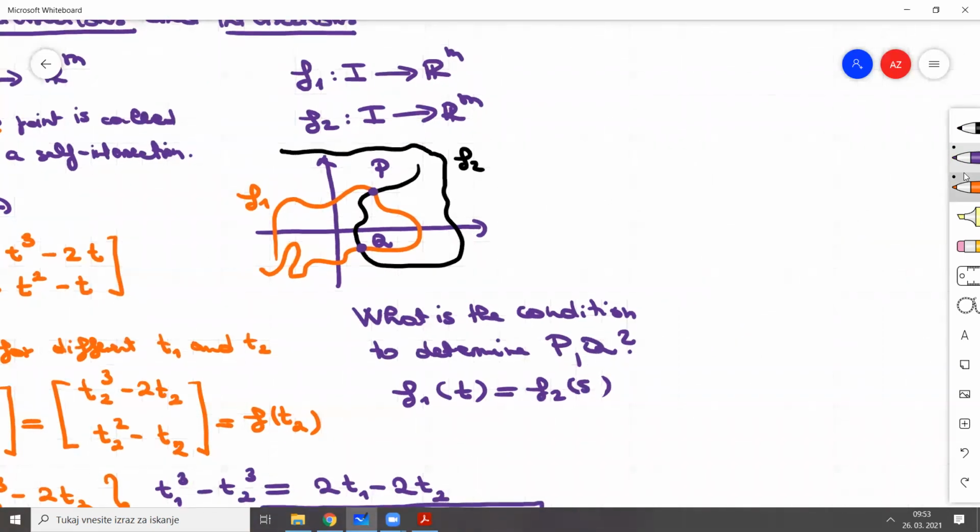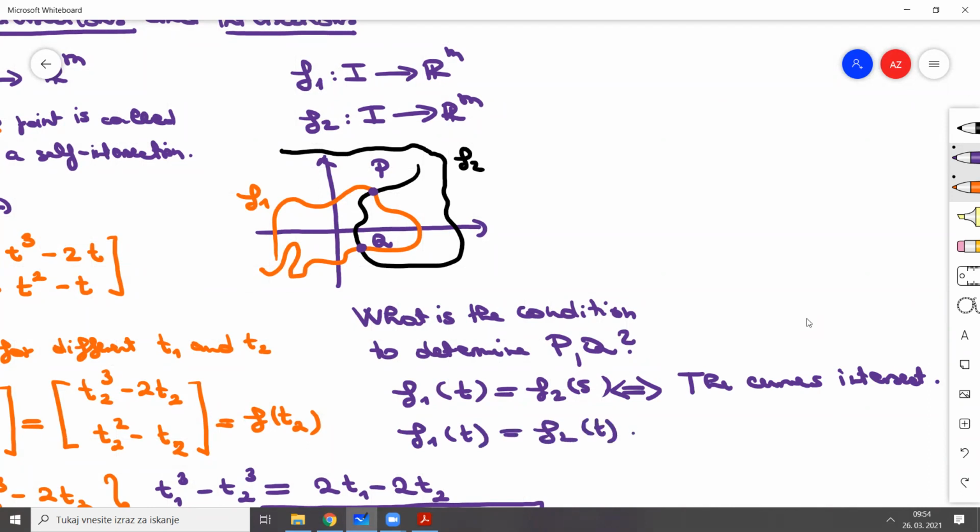So F1 of T is equal to F2 of S means that the curves intersect, while the condition F1 of T is equal to F2 of T means that the position vectors are the same at the same parameter.